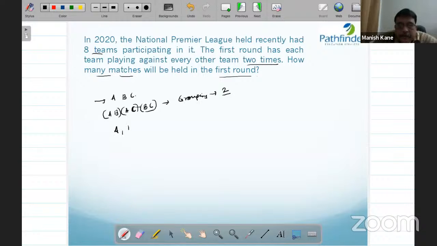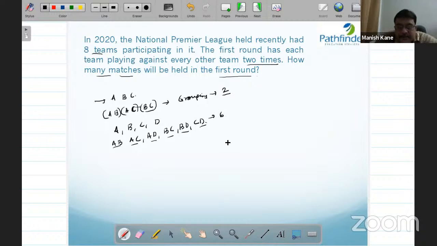If there were 4 people or 4 teams and they were playing a match against every other team, A would play with B, A would play with C, A would play with D, then B with C, then B with D, and then C with D. How many matches are these?